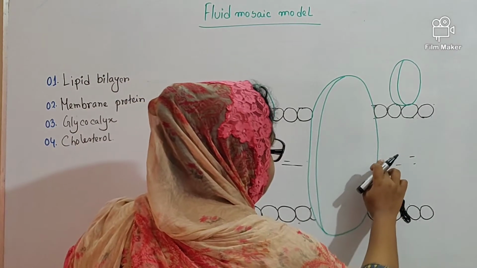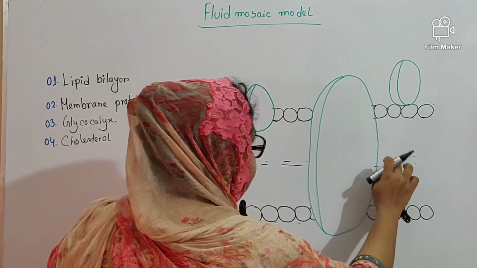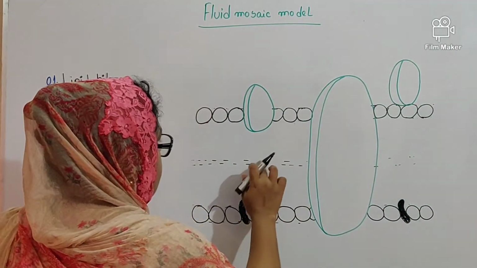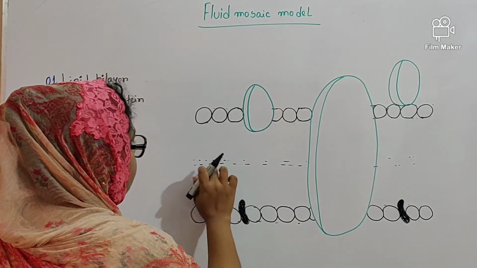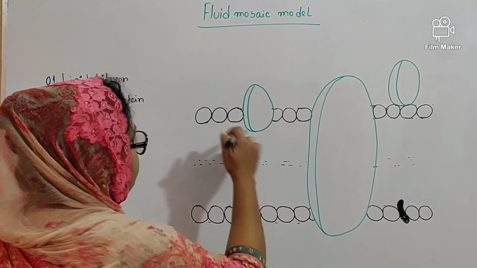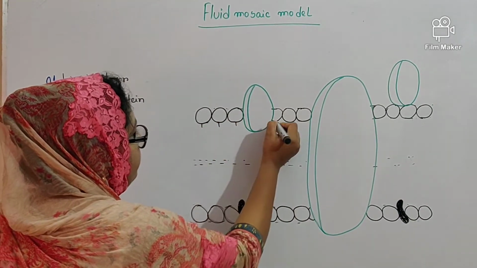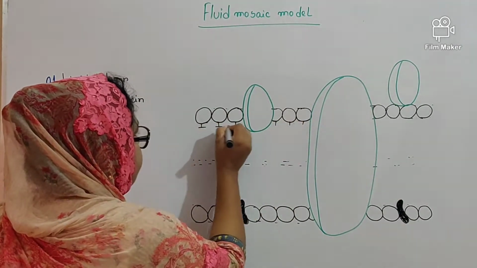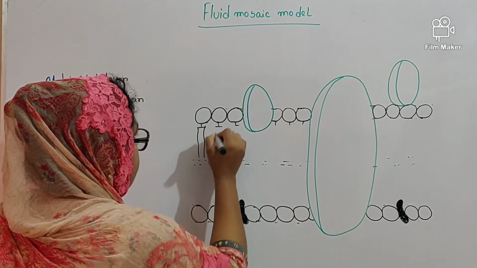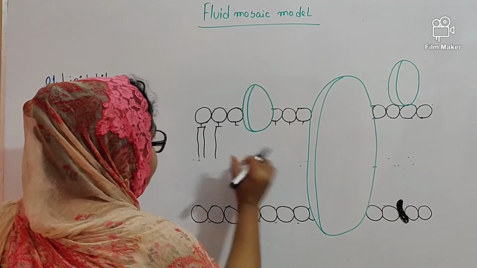It is nothing, it just indicates the distance up to which you have to extend the lipid tails. Then you will draw the diagram of lipid tails. You can extend it up to this layer.